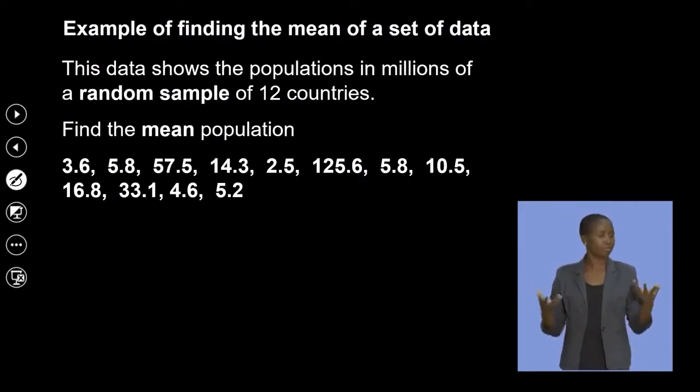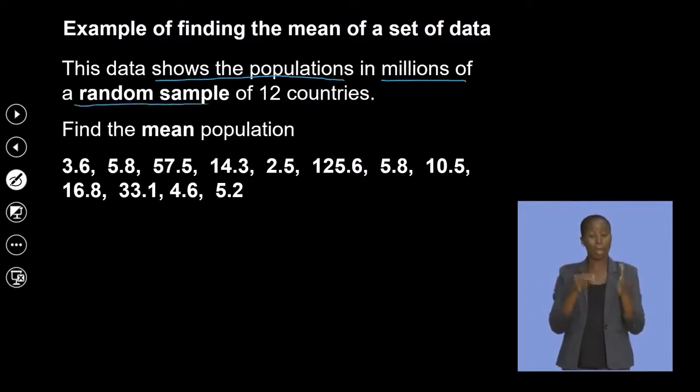Okay, so this data shows the population in millions of a random sample of 12 countries. What we have to do is find the mean population of the 12 countries. So this is 3.6 million, 5.8 million, which is another country.